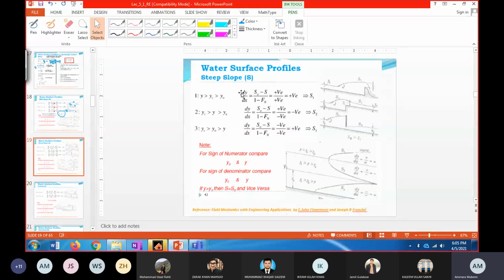The gradient of water surface in case of steep slope would be positive when the depth lies in zone 1. So how is it positive? You can use the governing equation to get the positive slope.